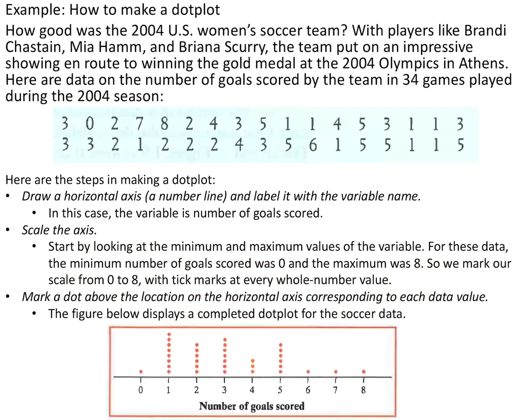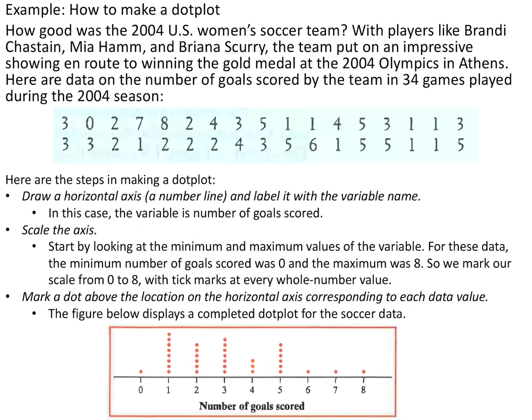Now, just looking at that list, it's not very easy to read and interpret what it is, so we made a dot plot. Remember, to make that dot plot, you would draw a horizontal axis, which is a number line, but you need to make sure you label it of what we're looking at. In this case, it is the number of goals. You need to scale that axis, look for the smallest number and the largest number, and then create a scale between the two.